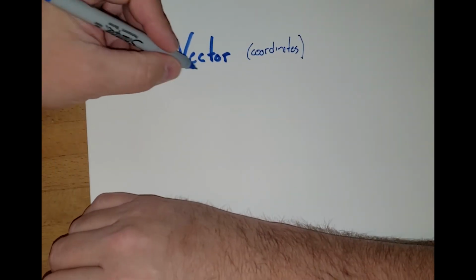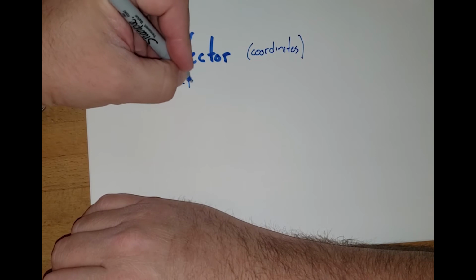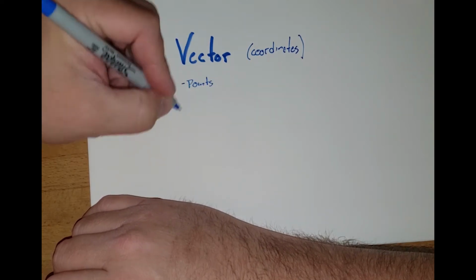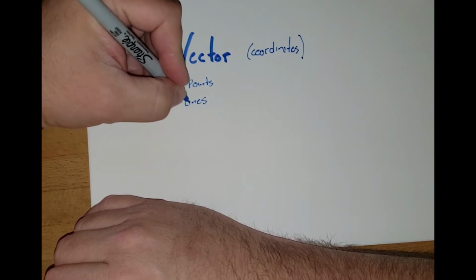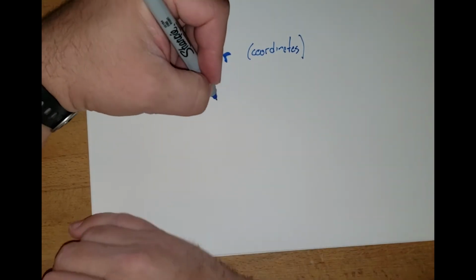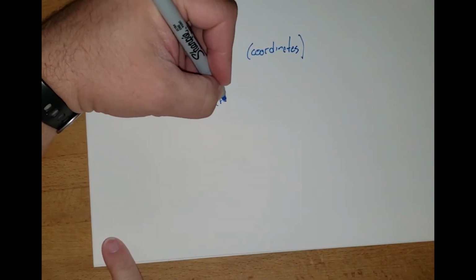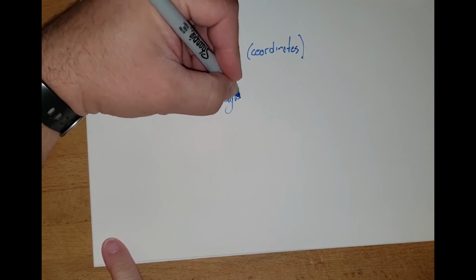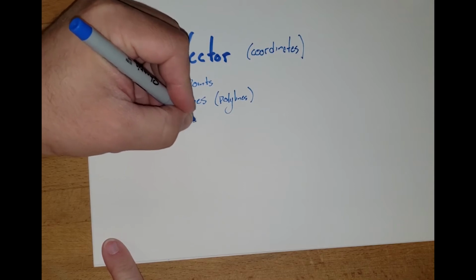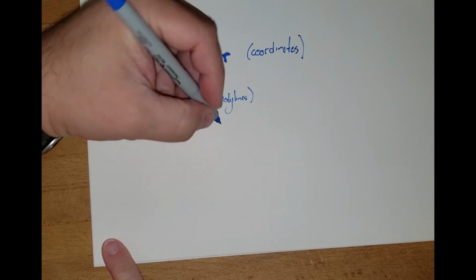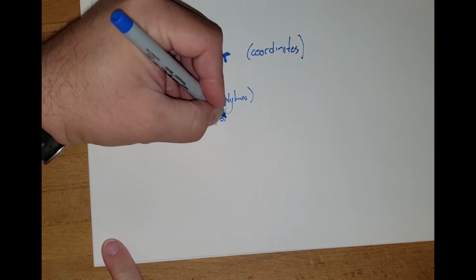And when we're looking at vector data, we're going to have points, and we will have lines. We're going to refer to these as either lines, or sometimes we'll refer to them as polylines, and areas. And these we'll refer to as polygons.